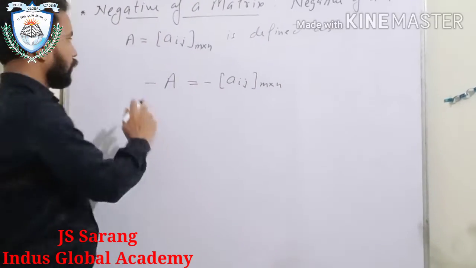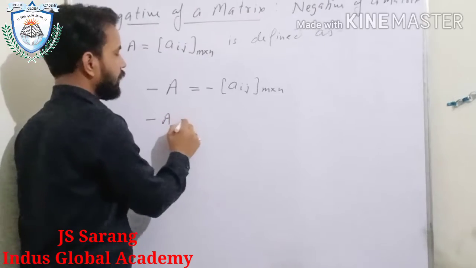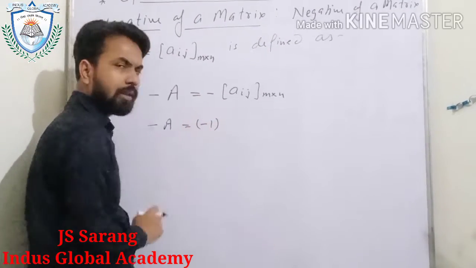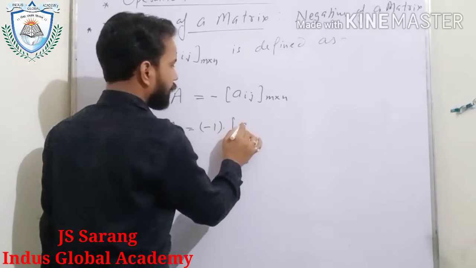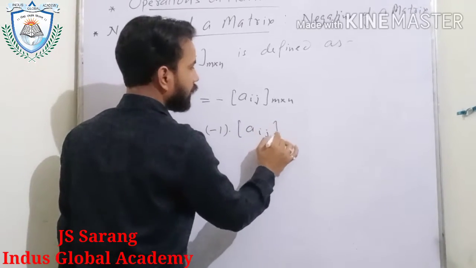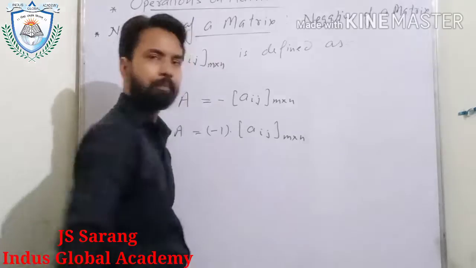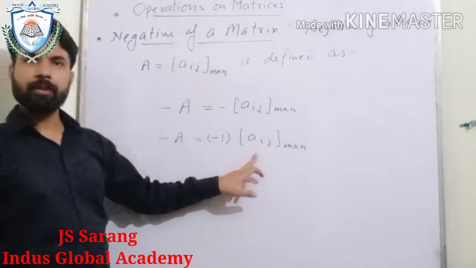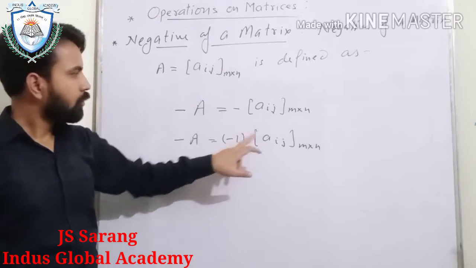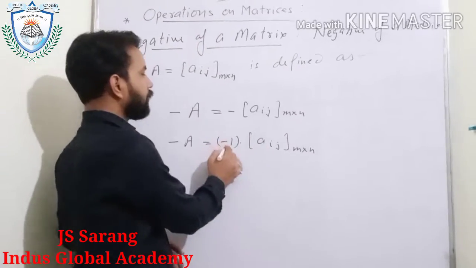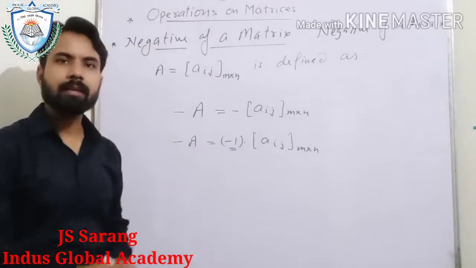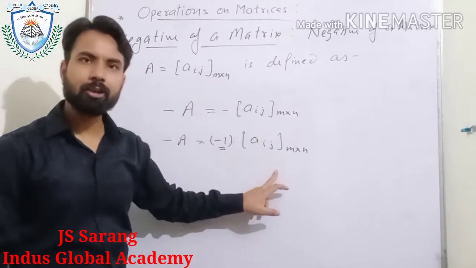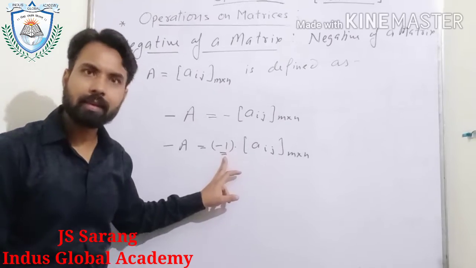Clear? Now minus A is equal to, this minus can be written as minus 1 into matrix Aij of order m cross n. Is it clear to everyone? Now see, this is a matrix and this is minus 1. So this is a matrix and minus 1 is considered as a scalar. So this is the same as the multiplication of a matrix by a scalar.